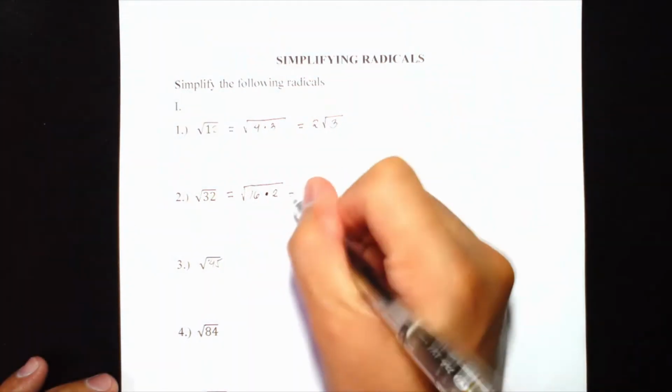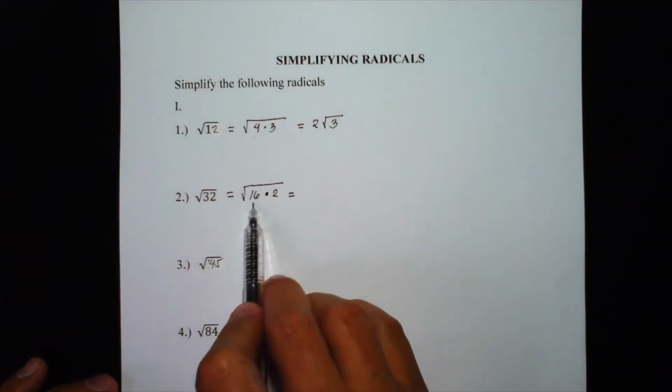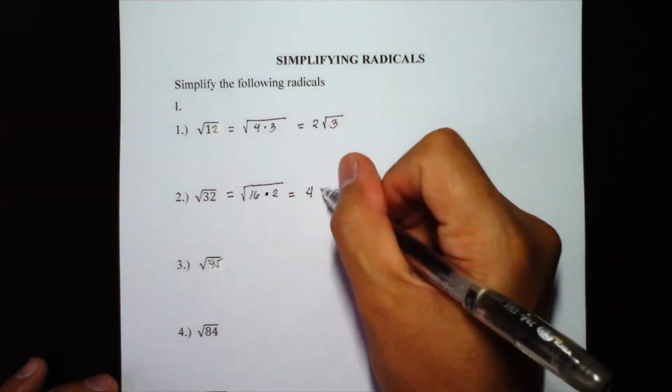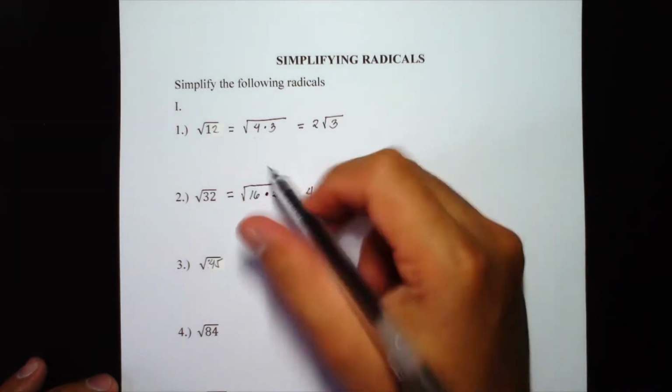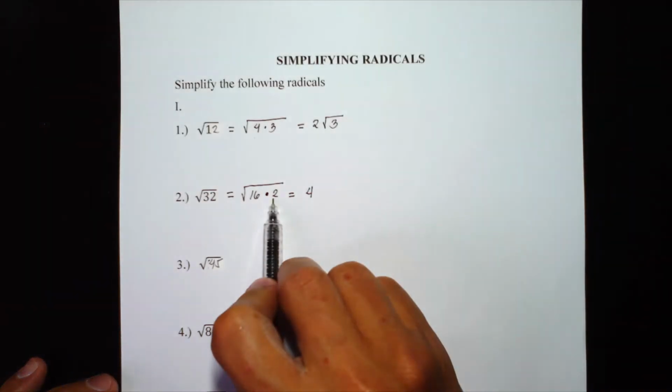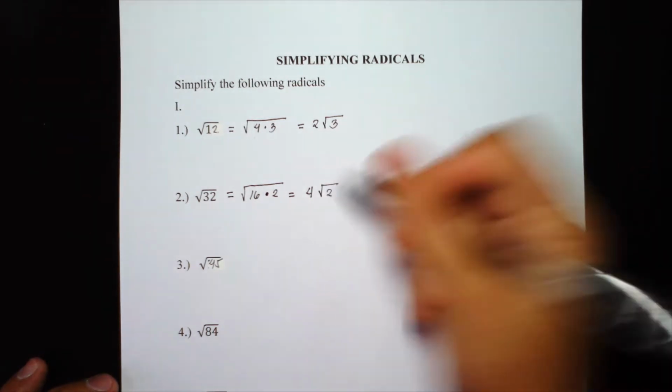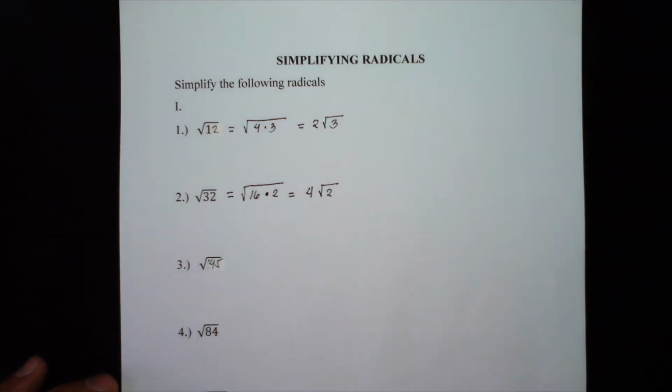So the square root of 16 is 4. Then since 2 is not a perfect square, it remains inside of the radical. So that will be square root of 2. That is now the simplified form of square root of 32: 4 square root of 2.